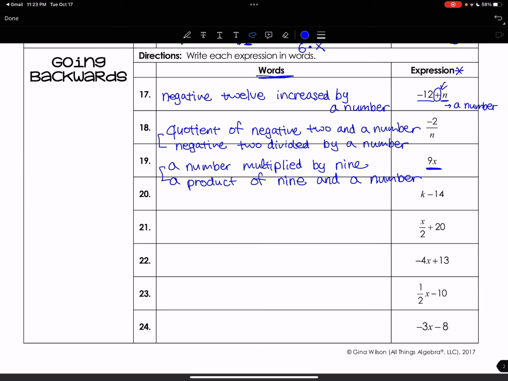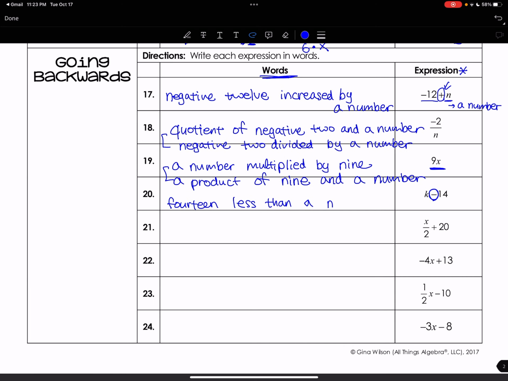And then when you see the negative sign, I can think about the turnaround phrase. So 14 less than a number, or a number is subtracted by 14. That's fine.